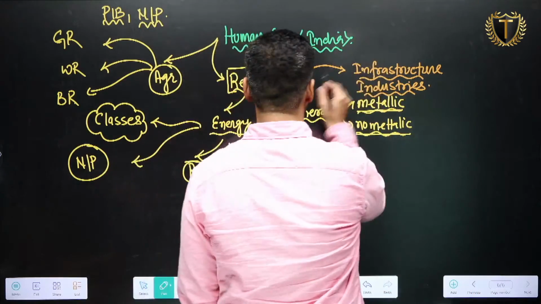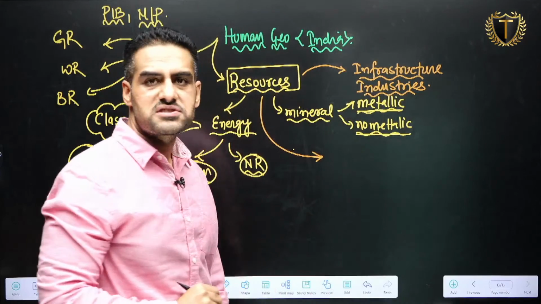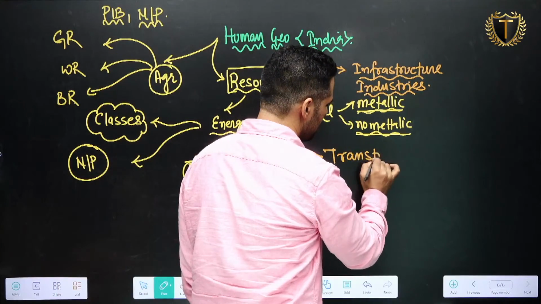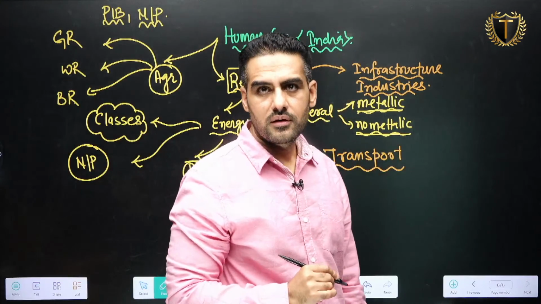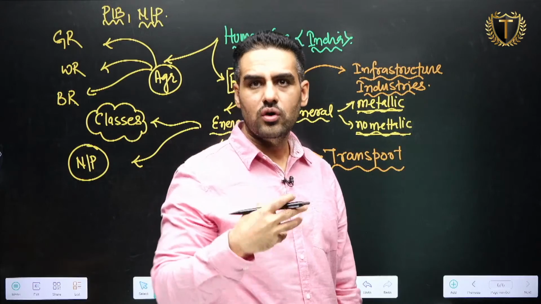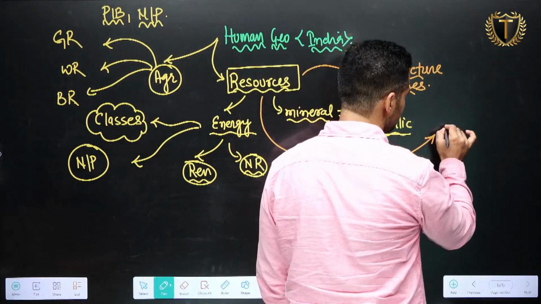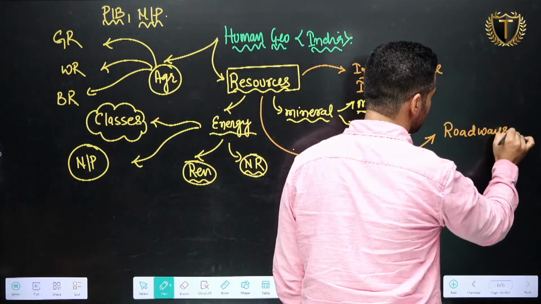Now, apart from this, we have to study another part like transport. Again, these topics overlap with your Indian economy. Like in transport, what you have to discuss? Roadways. Now it's not that you start memorizing national highways.